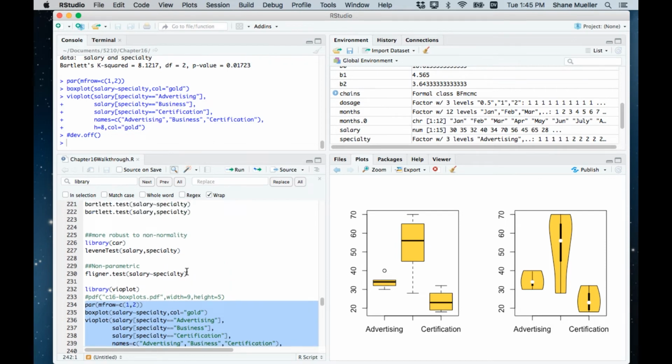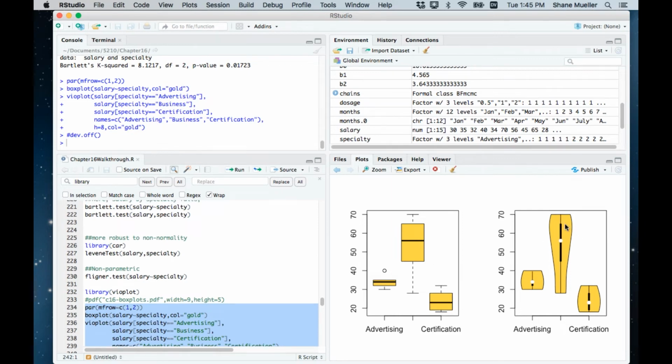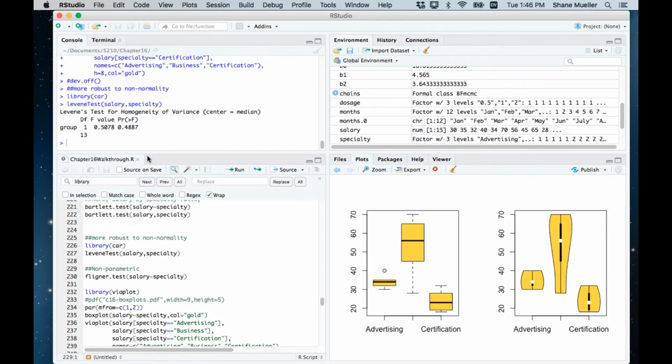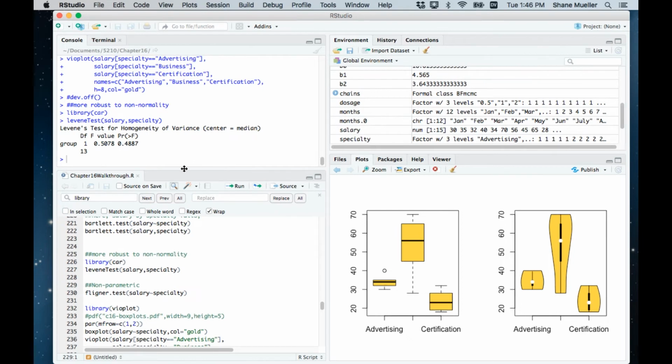Well, there are other tests that check for differences in variance that are more robust to non-normality, like the Levene test, which is available in the car library. And so here, this actually suggests that they really aren't any different.